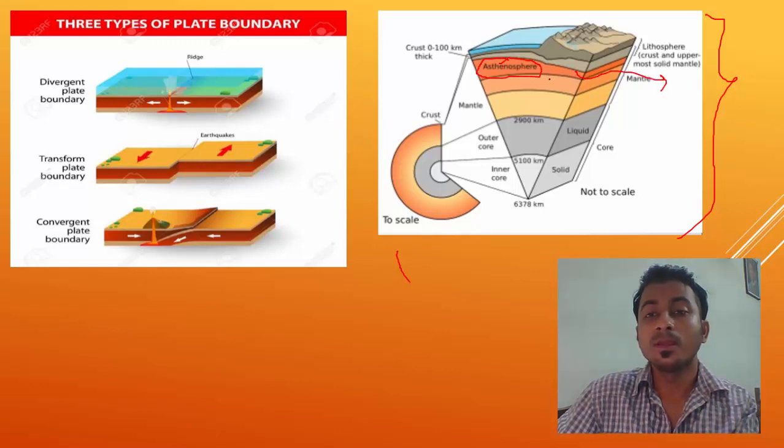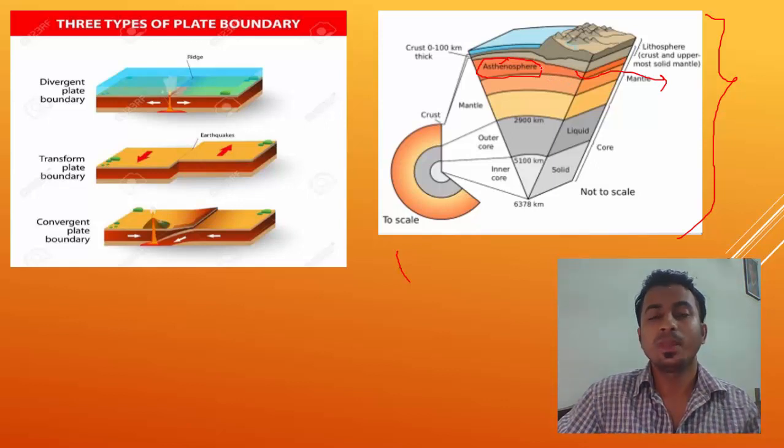There is lava. So if there is lava or there is something liquid and on that we have got something solid, so that solid thing will float, right? Suppose in a bucket you have water and you put a paper on it, it will float on it. Okay, if you put something heavy like an iron nail, then it will sink.